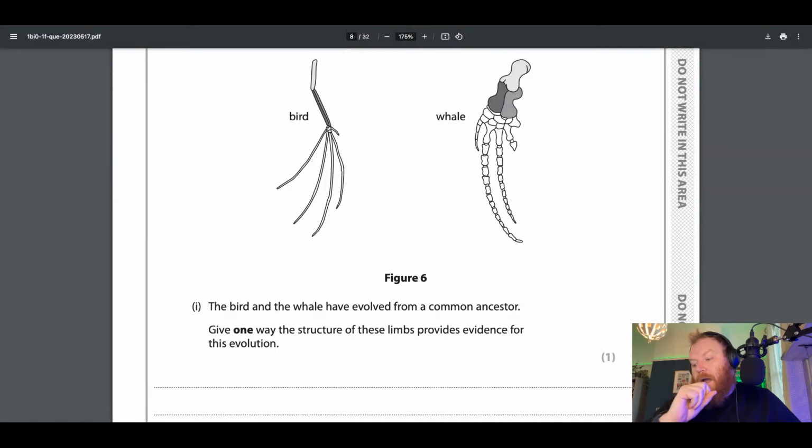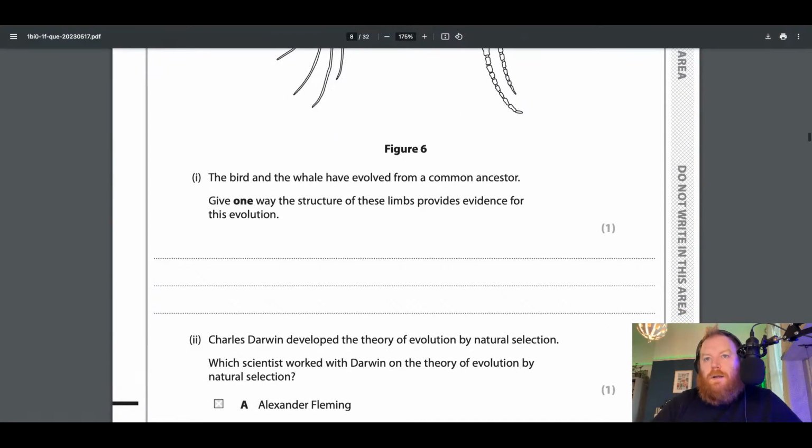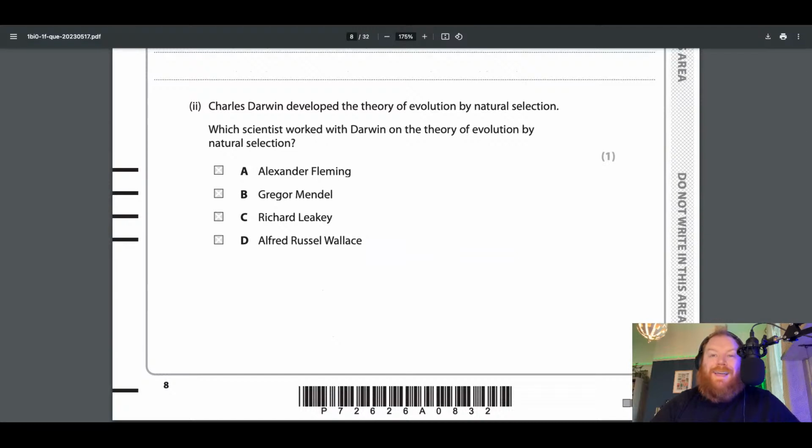They have that similar bone shape. And this is where we then start to look at the bigger ideas of how evolution has come about. We can look at their DNA and we can look at the actual information provided.